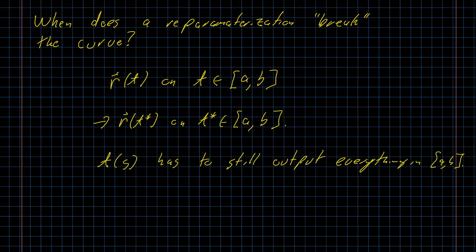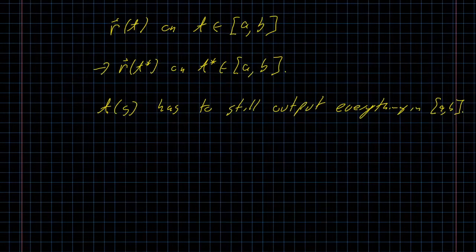And there are a lot of ways that that can happen that are too numerous to really quantify here. So what I'm going to look at is a sufficient but not necessary condition.